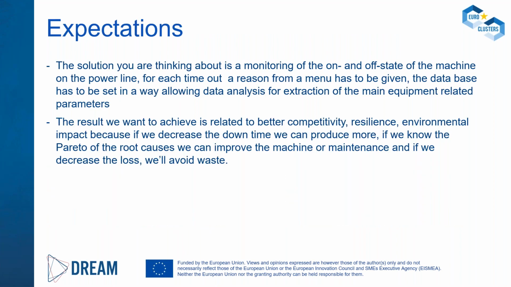So we are looking for a solution to monitor the on and off states of the machine, maybe on the power line, and to integrate data collection and data analysis, so the operator can say why the machine has stopped by choosing from a menu. It will allow us to analyze the data and define the equipment efficiency.